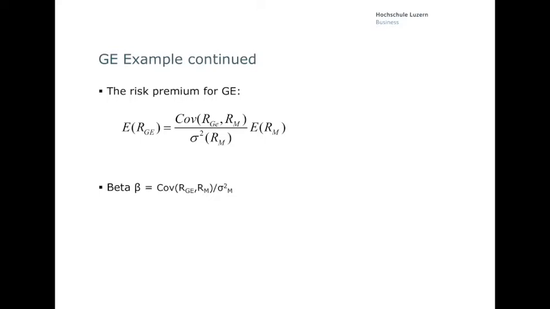The ratio measures the contribution of GE stock to the variance of the market portfolio as a fraction of total variance of the market portfolio. This ratio is called beta.